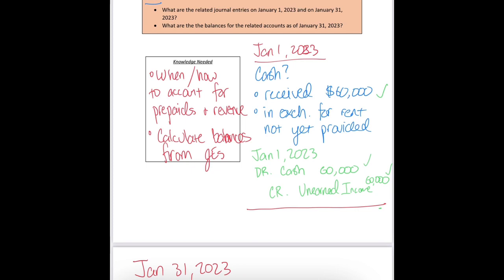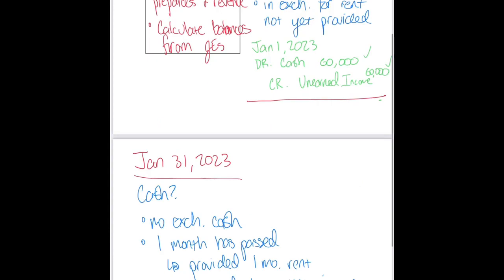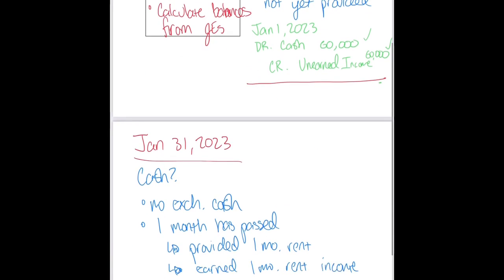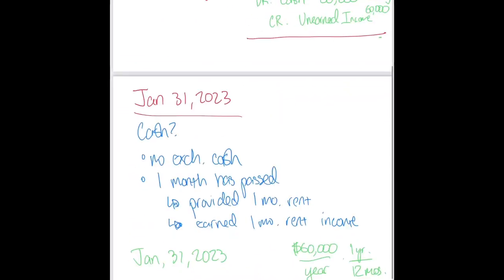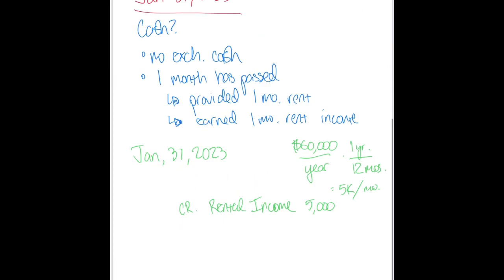Well, after 1 month has passed, do I still have a liability to provide $60,000 worth of rent? Well, no, because I've already provided that 1 month's rent. So what we're essentially saying for the other side of this journal entry on January 31st is, yes, I have earned 1 month's rent, and what has also happened is I have decreased that liability that I used to have by that same amount of $5,000.